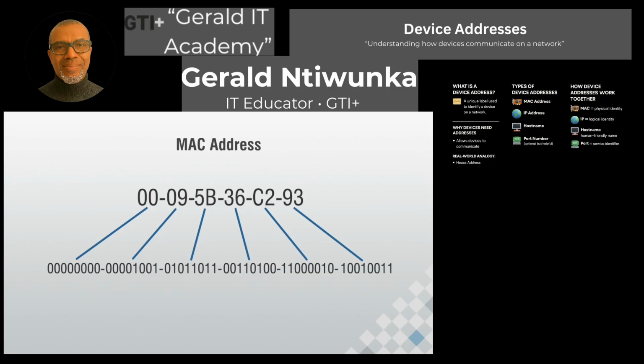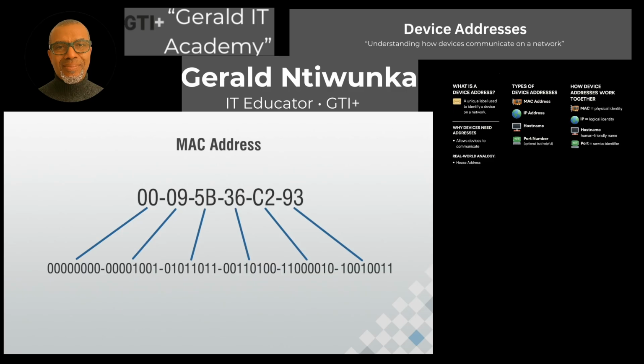You can notice that this MAC address is in hexadecimal form. MAC addresses are a 48-bit binary number. However, as a human, you will always work with MAC addresses as a 12-character hex number.